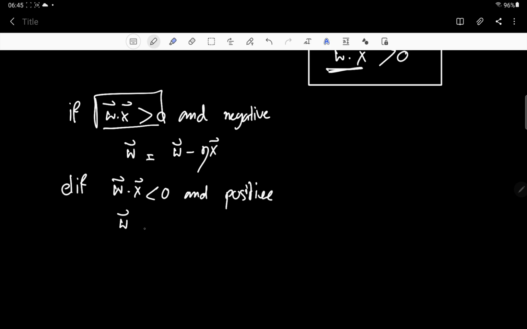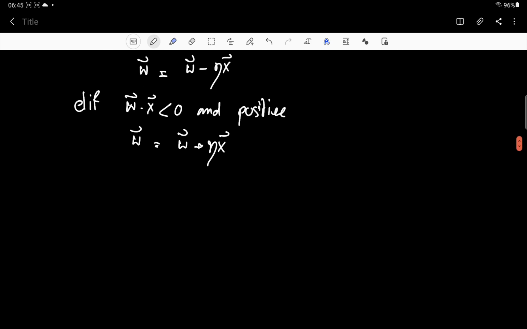So we'll use w to be w plus eta x. The reason behind this is something you can treat as optional. Maybe you don't want to understand the reason behind how we adjust and learn the weights, but if you want to understand, I'll tell you here.